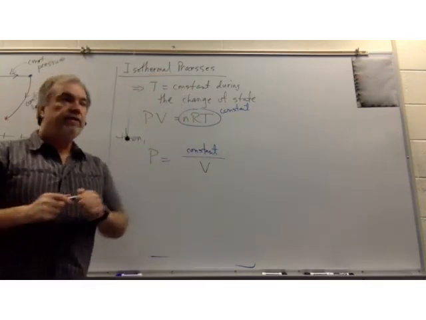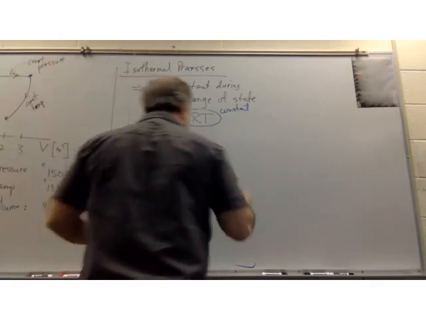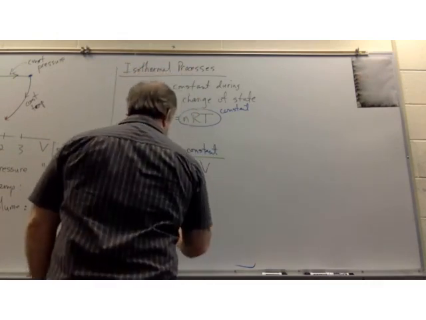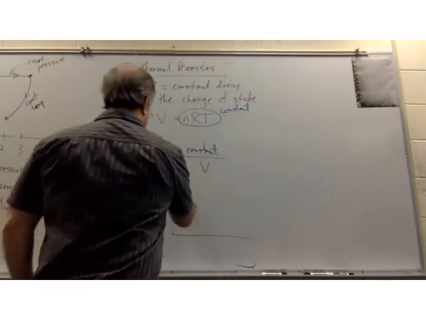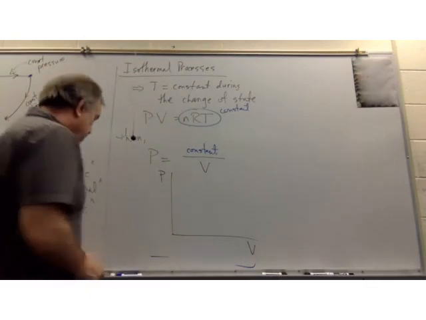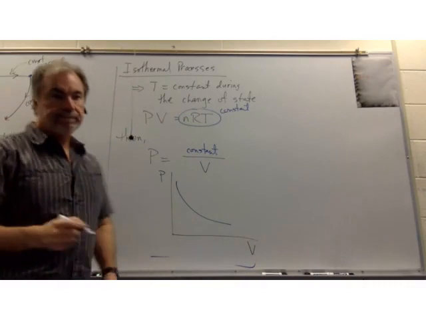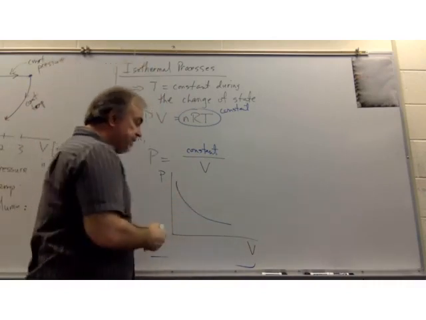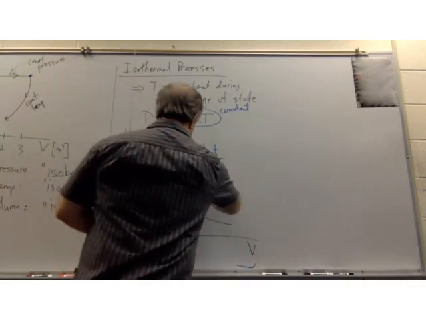Okay, and you may remember from one math class or another that the plot of a reciprocal like this, P versus V in this kind of a relationship, graphs to a hyperbola. And this hyperbola is an isotherm. A what? An isotherm.